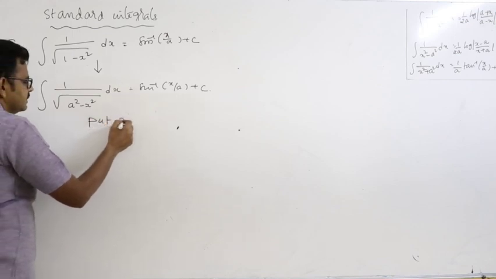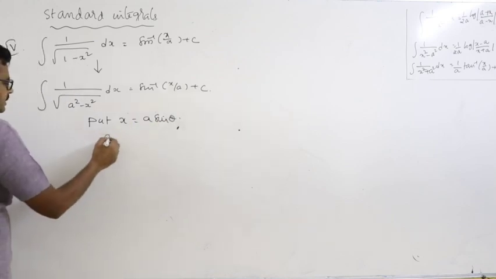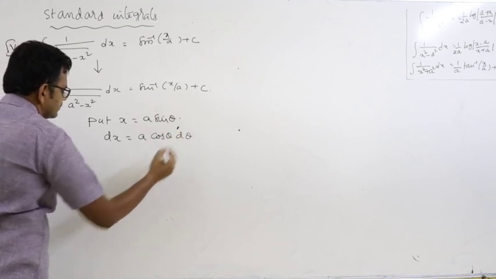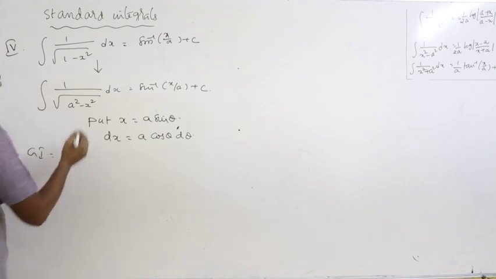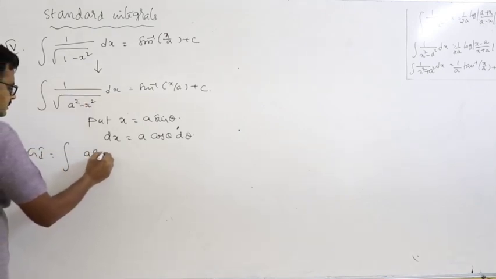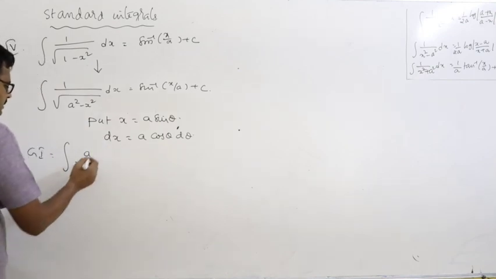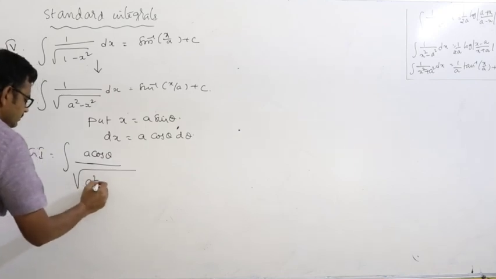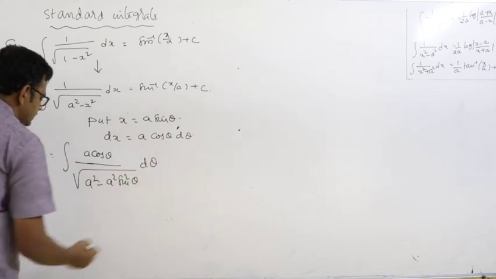In this one, put x is equal to a sin theta, dx is equal to a cos theta d theta. Therefore, given integral is a cos theta by root of a square minus a square sin square theta d theta.